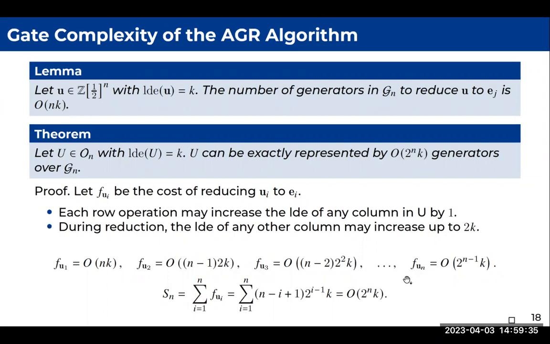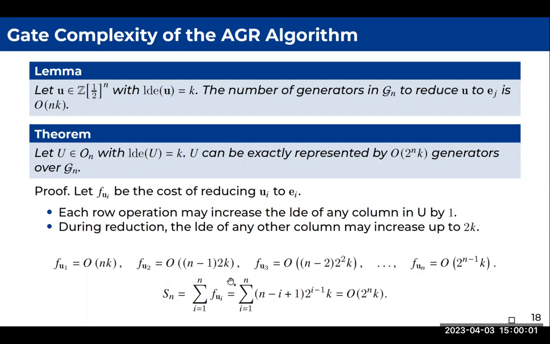So this is captured by this cost analysis. You could see that if you're starting with the first column, the cost is O(nk), but if you go to the next column, the LDE will be increased at least by 1, but because it's 2 to the power of something, you're actually adding 2 to the cost function.